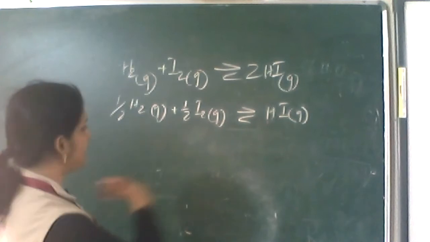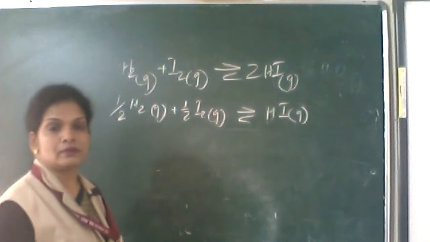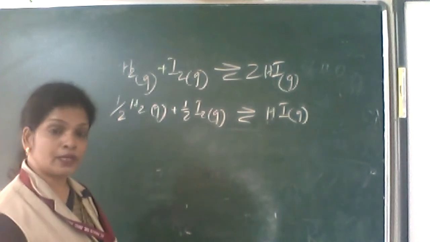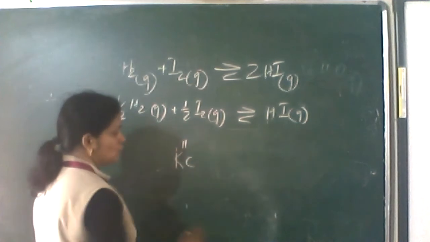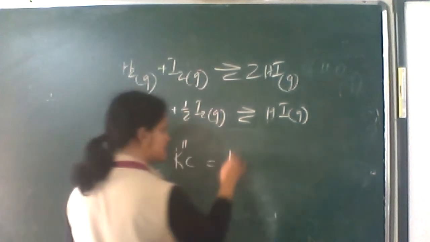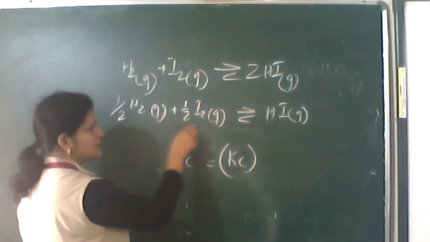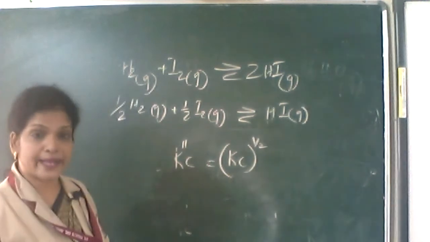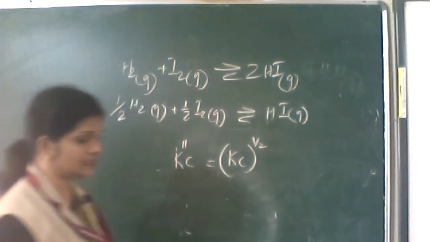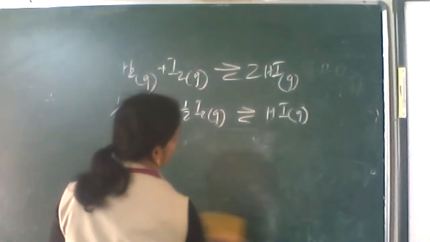I multiplied every stoichiometric coefficient with half. Now the new equilibrium constant K2 dash C will be Kc raised to the number by which I have multiplied, that is half. Let's see how it is coming. K2 dash C.